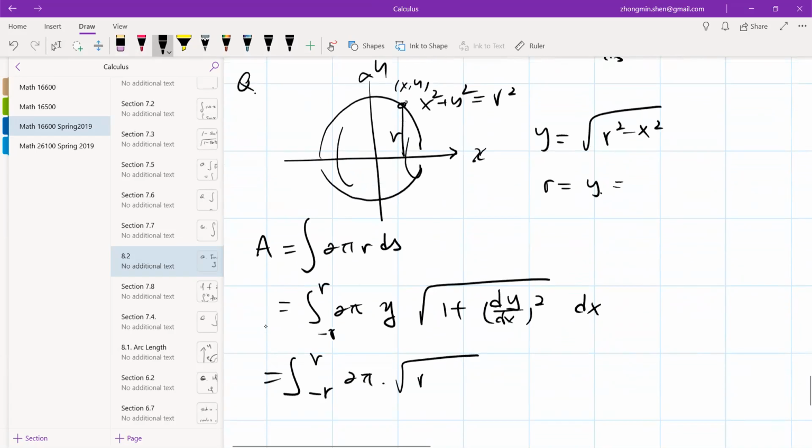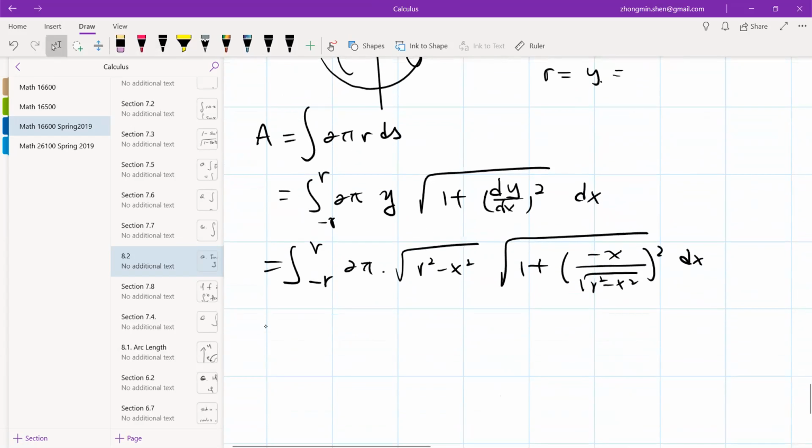So I have to use this radical, 1 plus (dy/dx) squared. This is the formula, and you see that's pretty complicated, right?